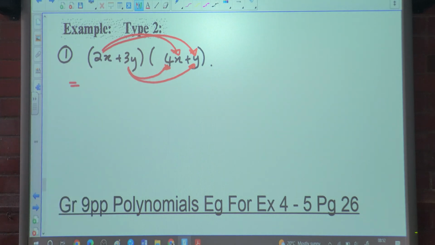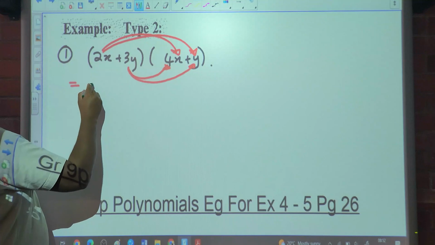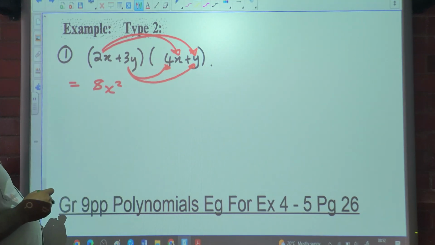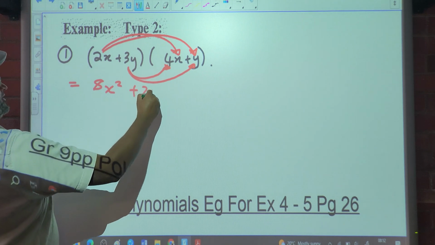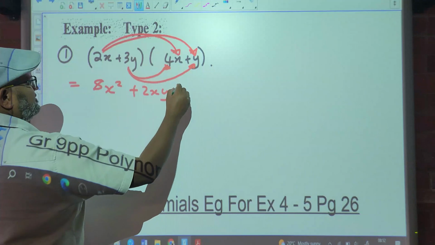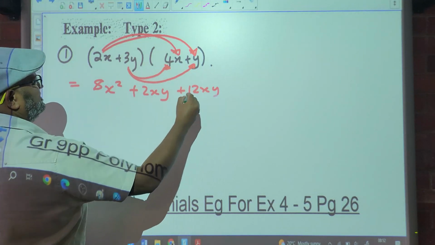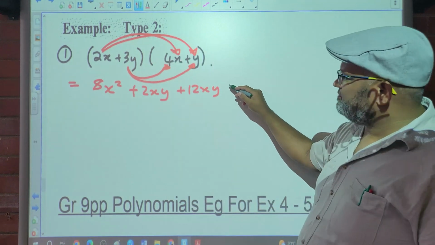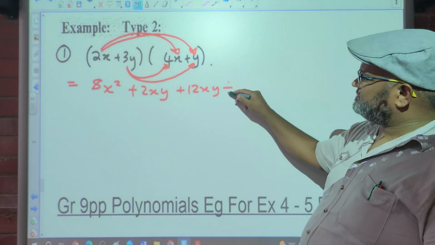Write those answers. Okay, so what do we get? 2x multiplied by 4x? 8x squared. What is 2x times y? Positive 2xy. What is 3y times 4x? 12xy. What is 3y multiplied by y? Positive or negative? Positive.